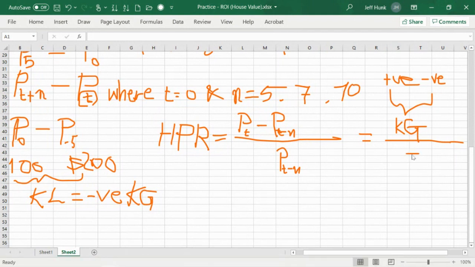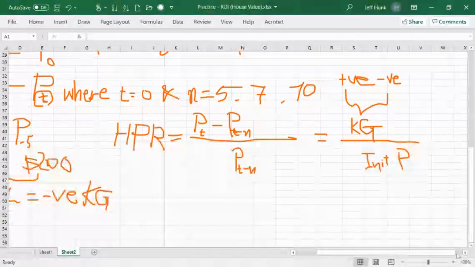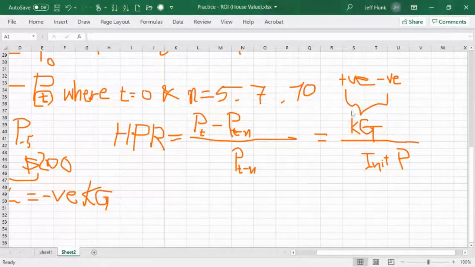You divide by the initial price you paid. Instead of spelling out the initial price, it's P0 or P_{T-N}. You don't have to write it out. So if the capital gain was $100 and the initial price you paid was 100, your holding period return is 100%. Makes sense?